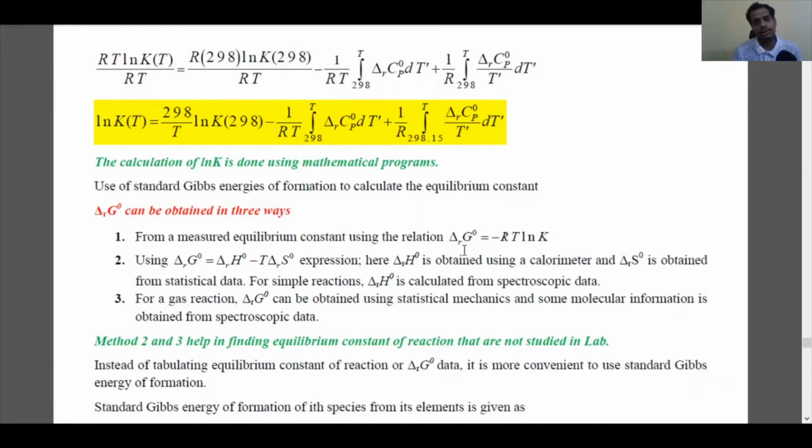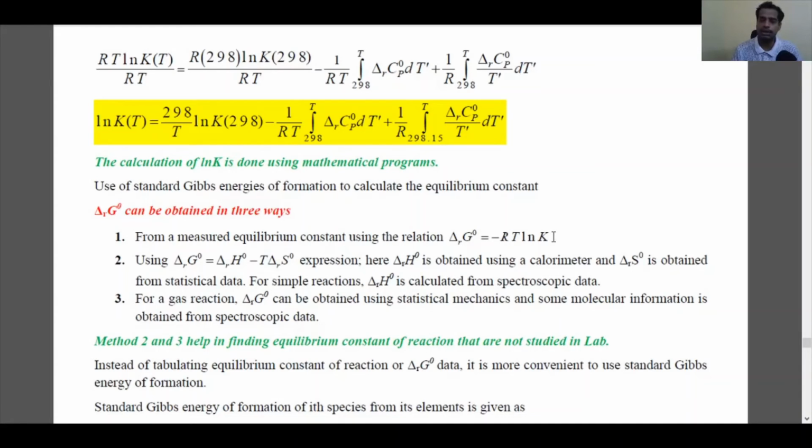The reaction Gibbs energy at standard state is an important parameter, and people are very much interested in determining it. In chemical equilibrium, it can be obtained in three ways. The first method is, suppose we know the equilibrium constant value for a particular reaction.